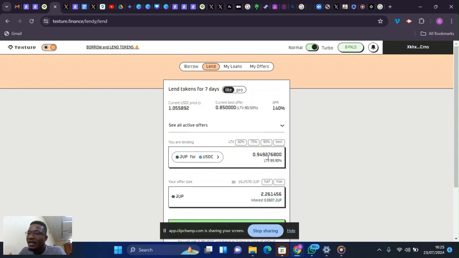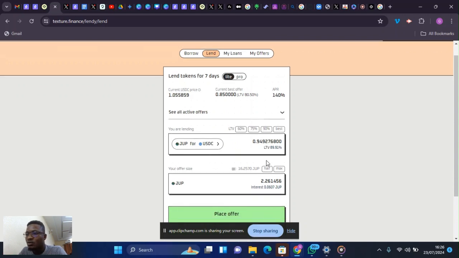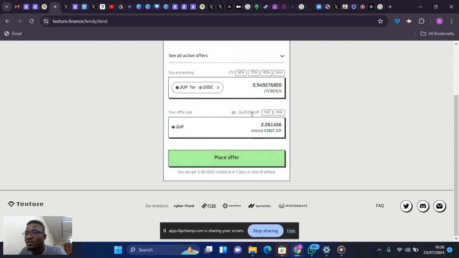So the higher the loan to value you place, the higher the risk on your side, because the token worth might reduce and you still be at a loss. However, this will get you quick borrowers, people will rush because your value is higher than every other person. This is how it is done.